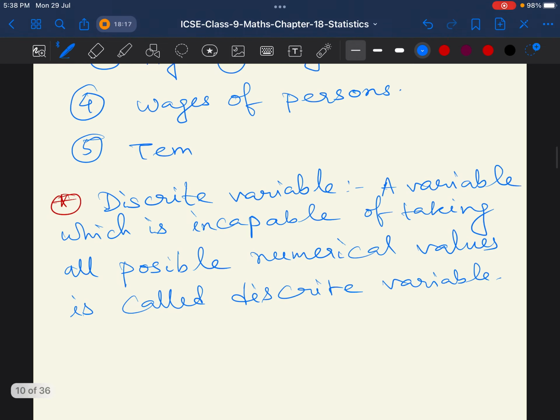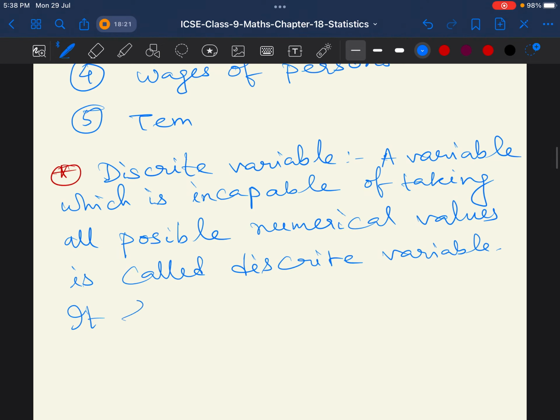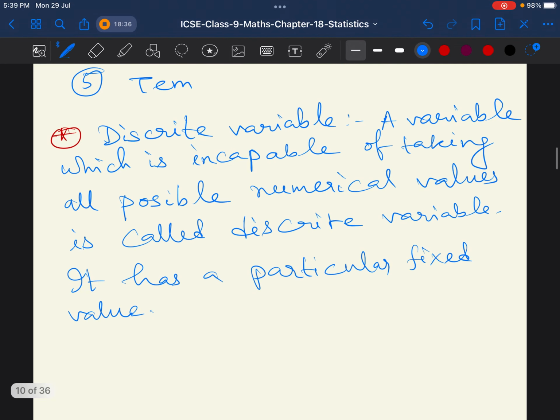And here you see it has a particular fixed value. So it will be 0, 1, 2, 3 and so on to infinity.